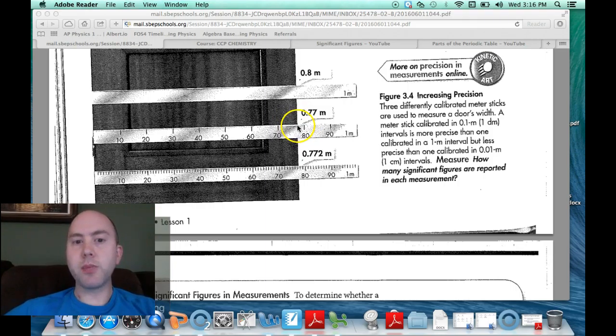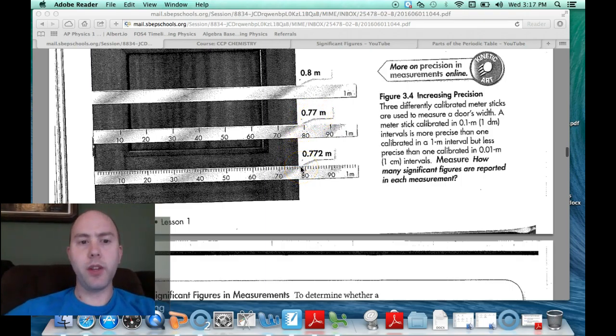I could say this was probably maybe 0.78 or maybe even 0.79. Again, with this, you know for a fact it's 0.7, but then the next number you don't know. So that's sig figs. So I have 2 sig figs and 1 uncertain digit. Okay, that first sig fig, this one right here, going towards the left, is your uncertain digit. It's the one you don't know. You know for a fact it's 0.7, but you don't know that one.